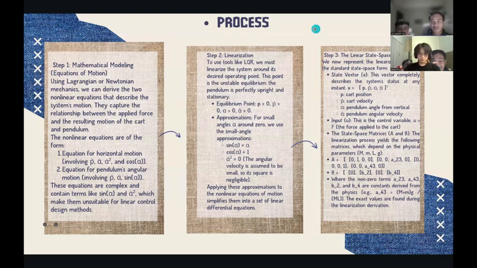And then the state space matrices A and B. The linearization process yields the following matrices, which depend on the physical parameters, where the non-zero terms like A23 and A43, B2 and B4 are constants derived from the physics. The exact values come from the linearization derivation.